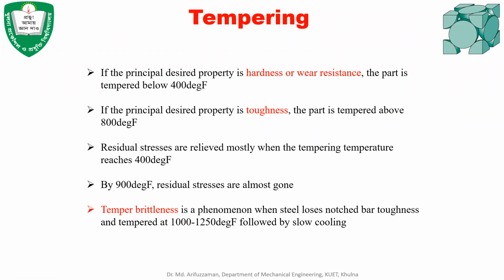It's a deviation from the actual property, an exception. If you do the tempering between 1000 and 1250°F, temper brittleness occurs, and the material becomes very brittle and can be broken very easily. If you temper it and cool it very slowly, there is this exceptional property of the steel.